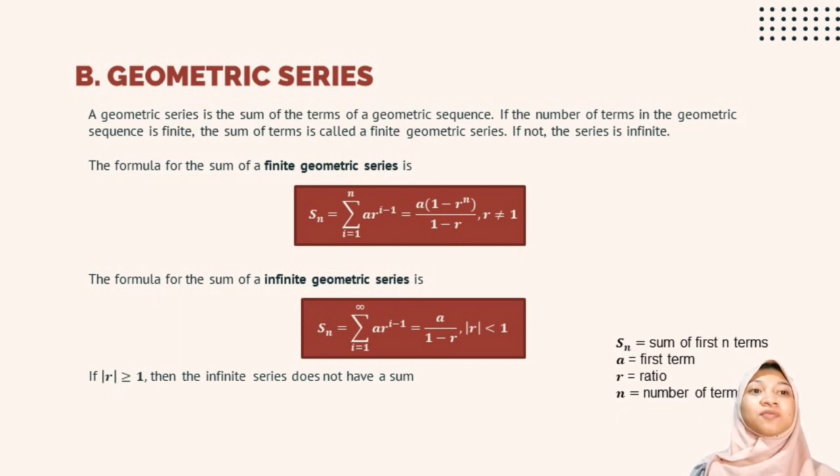If the absolute value of r is more than or equal to 1, then the infinite series does not have a sum, where the sum of n is the sum of the first n terms, a is the first term, r is the ratio, and n is the number of terms.